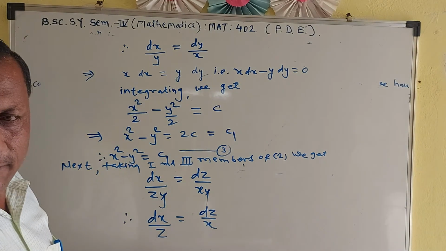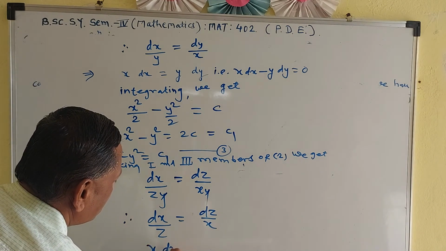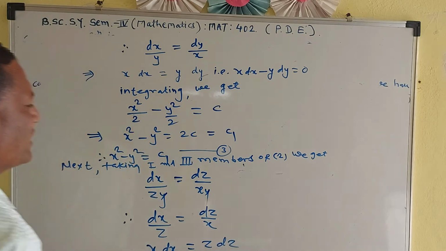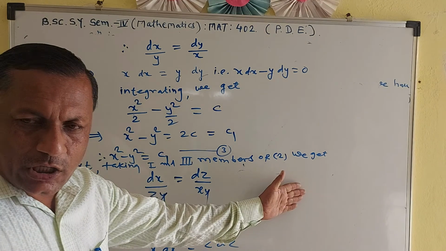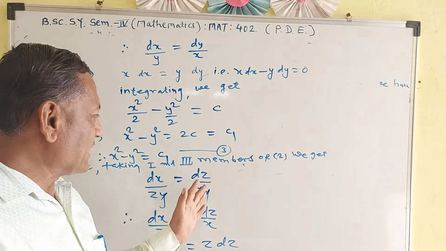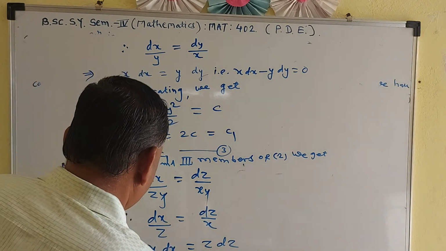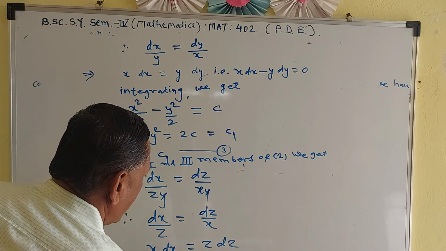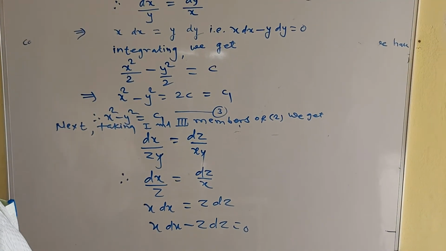Then separating the variables, you have x dx is equal to z dz. Instead of the first and third member, you can also take the second and third members. This can be written as x dx minus z dz is equal to 0.